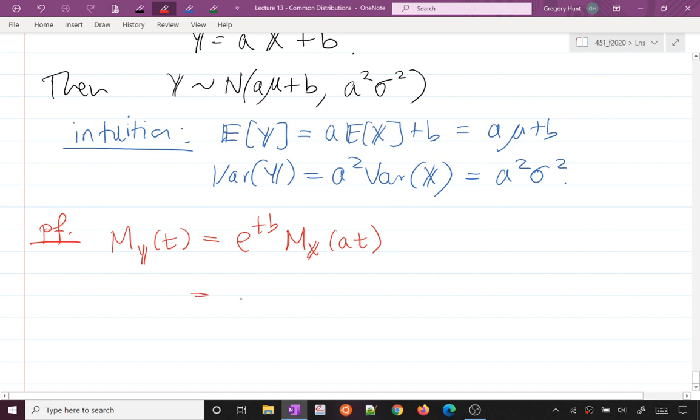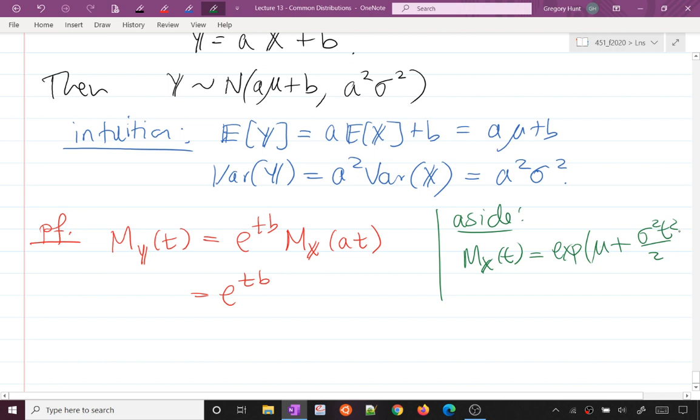And we know what the moment generating function of x is. X is a normal mu sigma squared. And so let's say as an aside, the moment generating function of x at t is the exponent of mu t plus sigma squared t squared over 2.